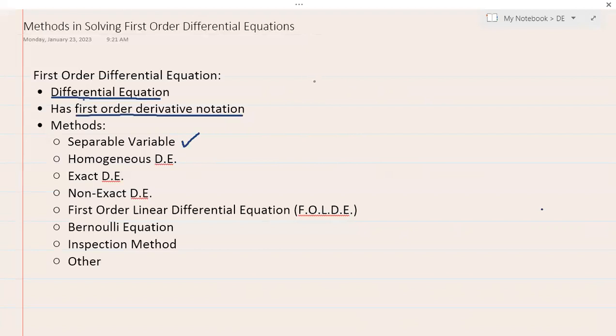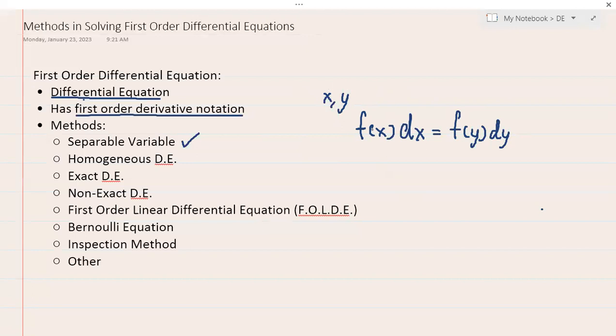Suppose, kunwari, meron tayong x at saka si y na variable. Okay, suppose meron tayong ganun. Dapat on both sides, okay, kunwari on the right side, si f of x, dapat kapartner niya ay si dx. Then on the right side, ang kapartner ni f of y ay si dy. Gets niyo ako, guys? So kunwari, meron tayong x at saka si y as your variables. Okay?